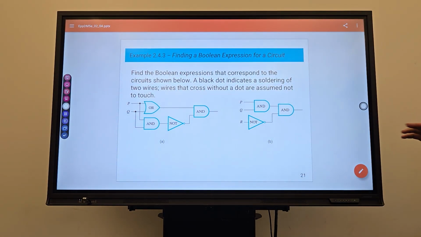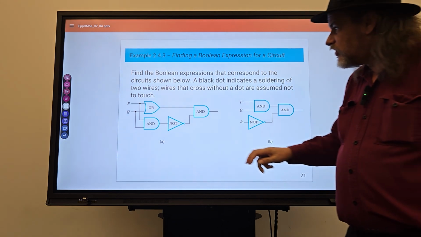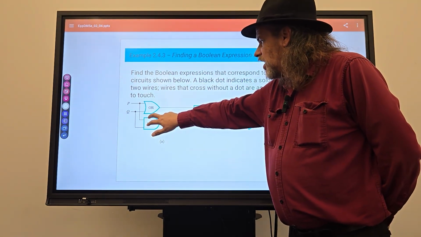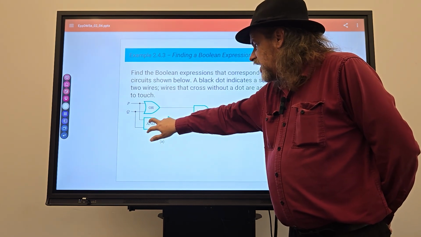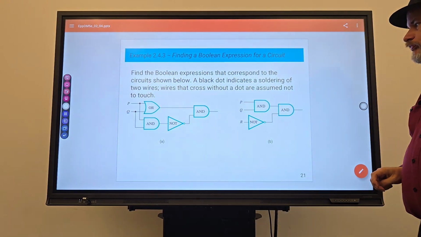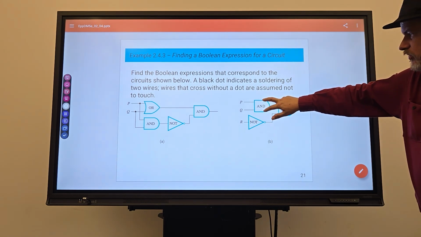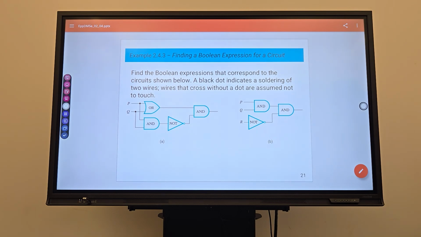They don't mix the signals there. So, this is P or Q ANDed with the inverse of P and Q. This is P and Q ANDed with inverse of R.